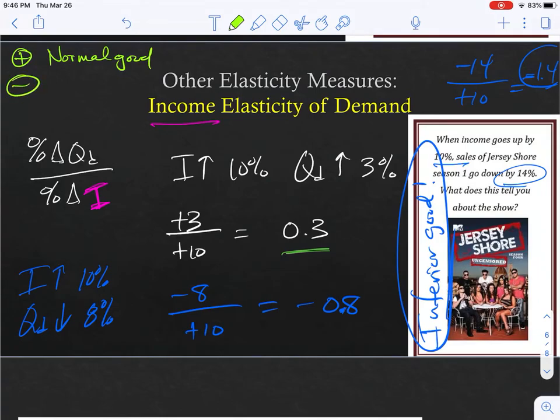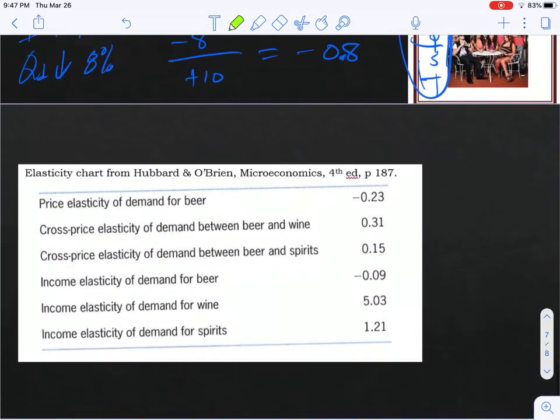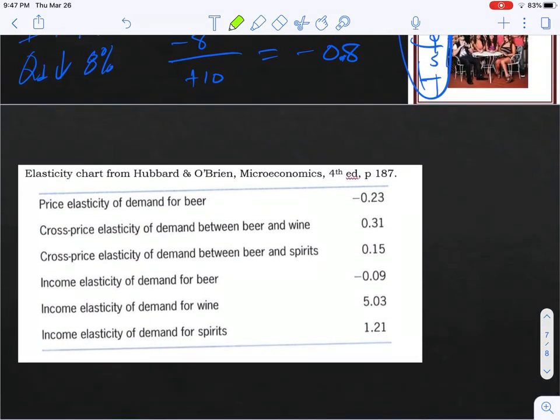And if you see a minus sign, that is when income goes up, people buy less of it, or as income goes down, people buy more of it, that would suggest that you're looking at an inferior good. So again, the sign is really important. It's always important to keep track of that sign as you are calculating your answer. So there you go. That is our last measure of elasticity.